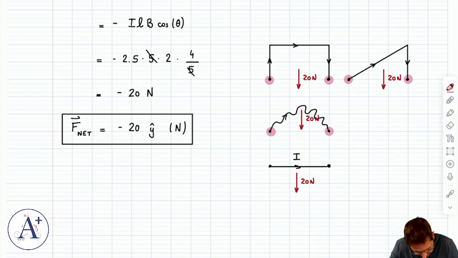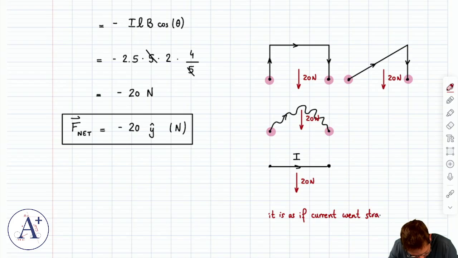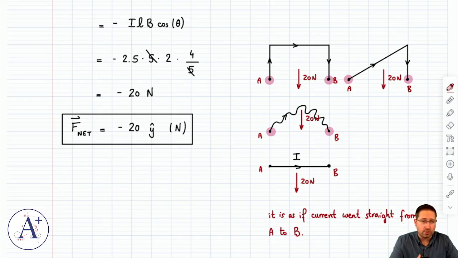So what we'll say is that it is as if the current went straight from A to B, if this is A and this is B. Doesn't matter the shape of the wire from A to B. It only matters that in all four cases that I drew, A and B are the same.